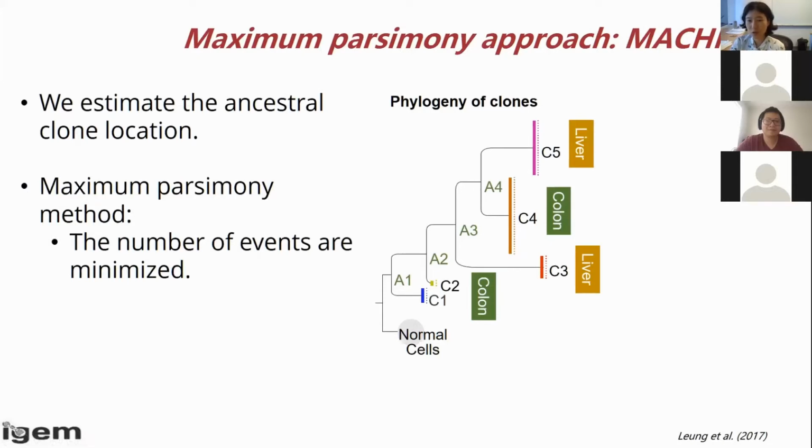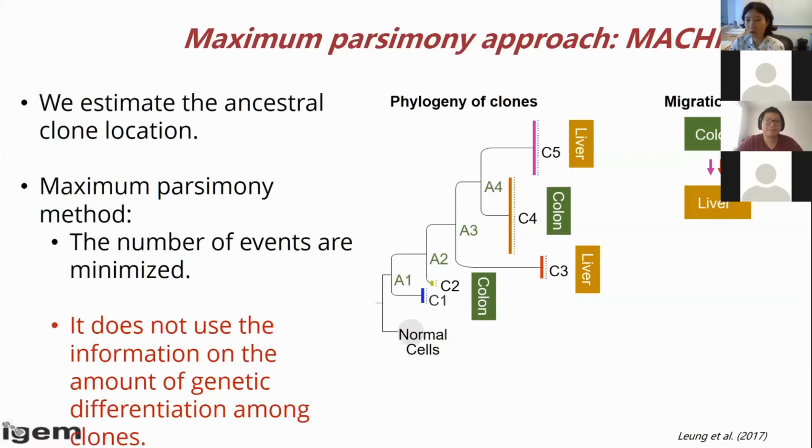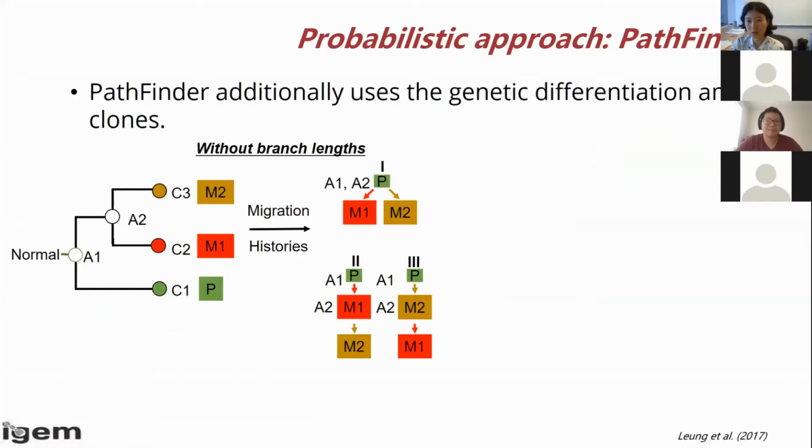By using parsimonious criteria, it predicts these ancestral tumor sites. In this case, it predicted that all ancestral tumor sites are colon. Therefore, we obtain a colon to liver migration path. However, this method doesn't use information of branch length.